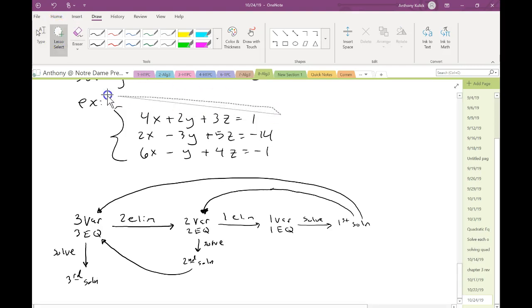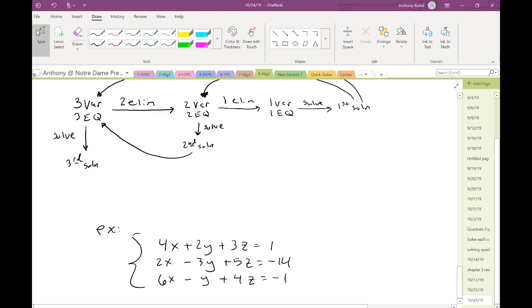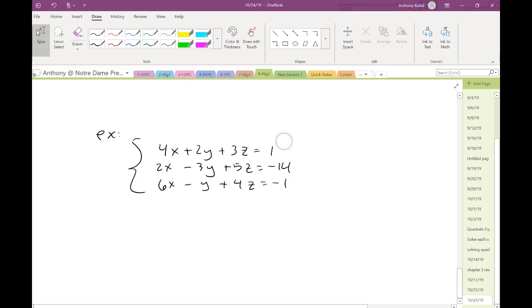Okay. So let's actually go and try to do this now for this equation. So just like before, I'm going to label my equations with letters. I'm going to call them A, B, and C. And what I want to do is first select a variable to eliminate.